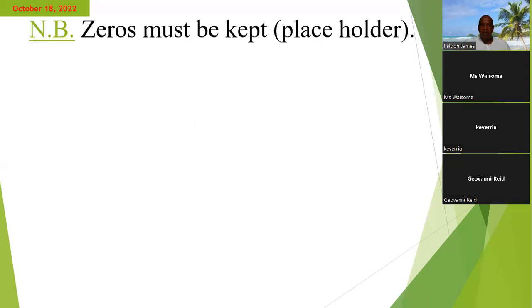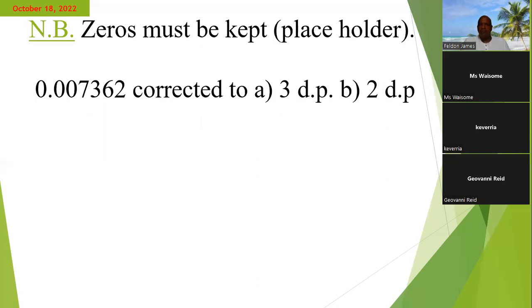Look at this situation here. Now we want to correct to first three decimal places, then two decimal places. Let me call on somebody here. Mr. Giovanni Reed.